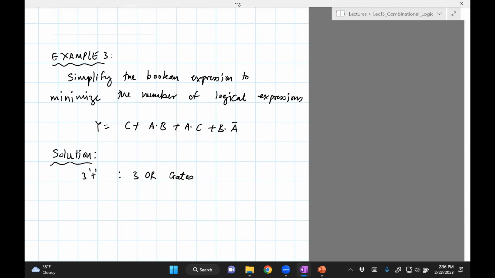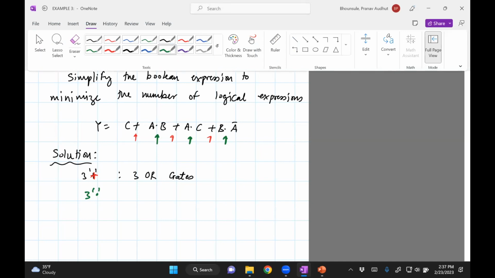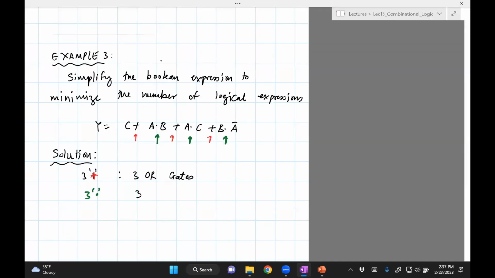Then we see that there are 3 AND operations, right? Which means that you need 3 AND gates. And then we notice finally that there is 1 NOT gate.